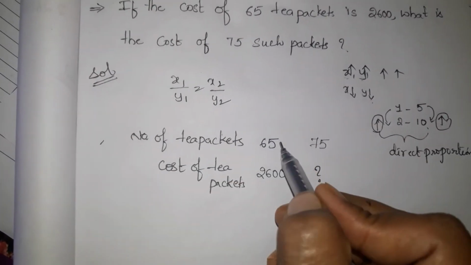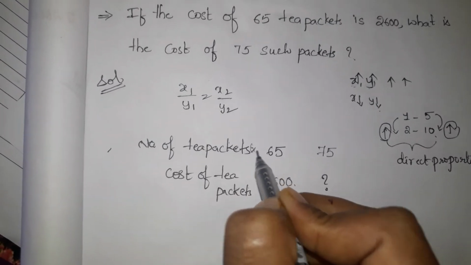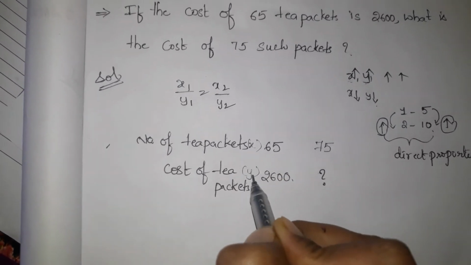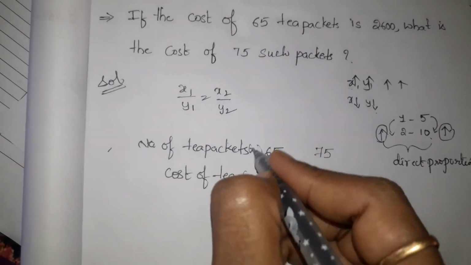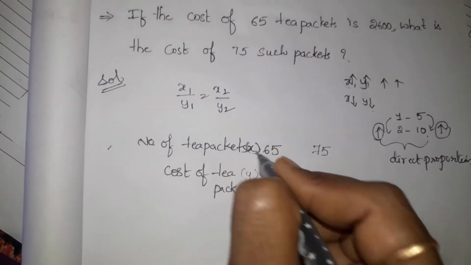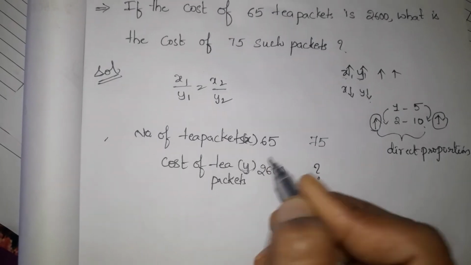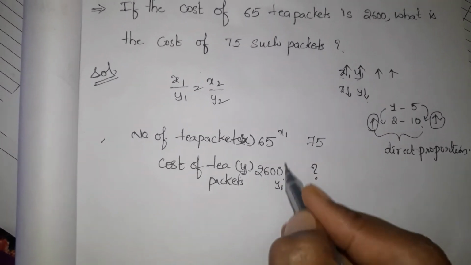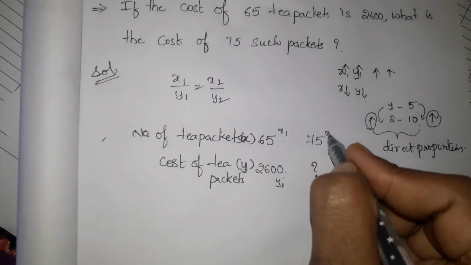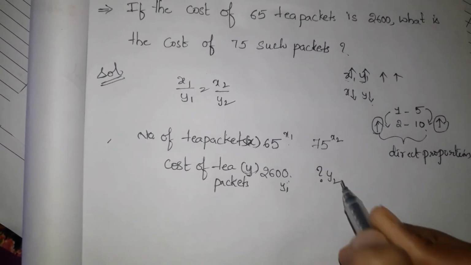So this is one quantity and this is the other quantity. I am considering this as x and this as y. This is x1, this is y1. This is the first case, right? In the second case, this is x2, this is y2.